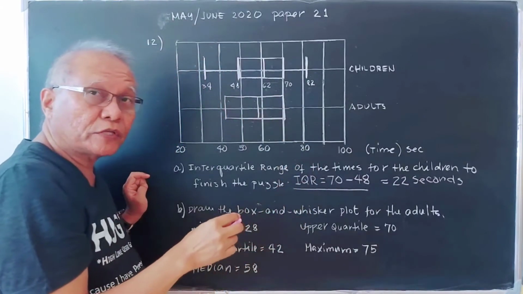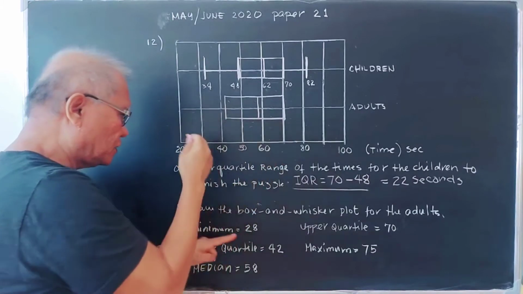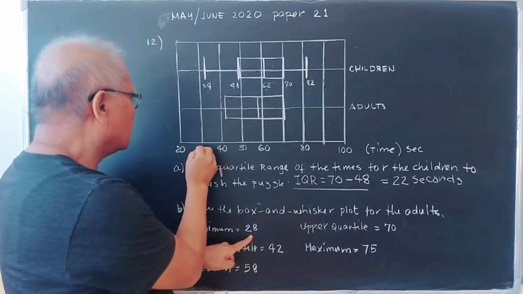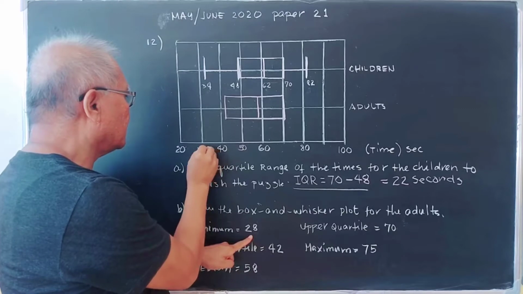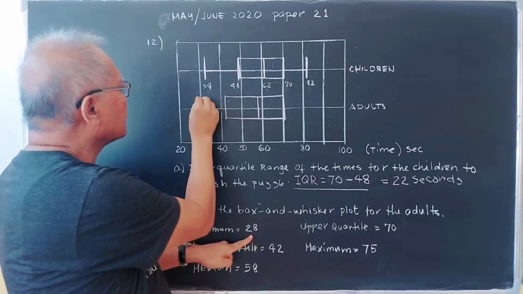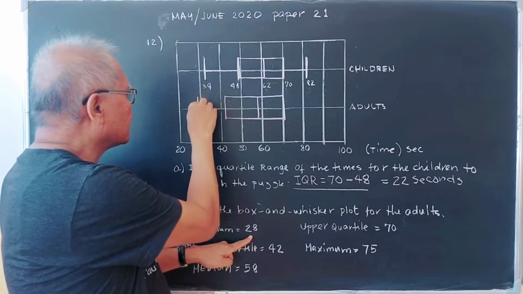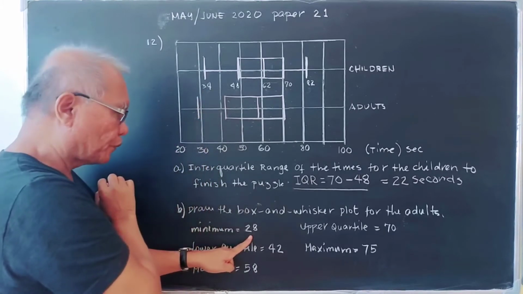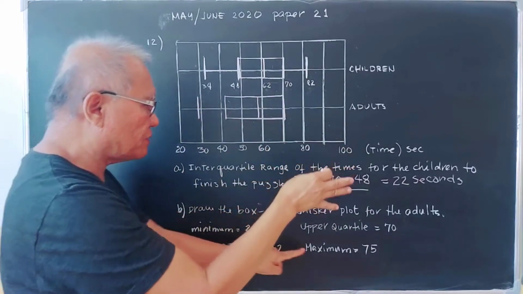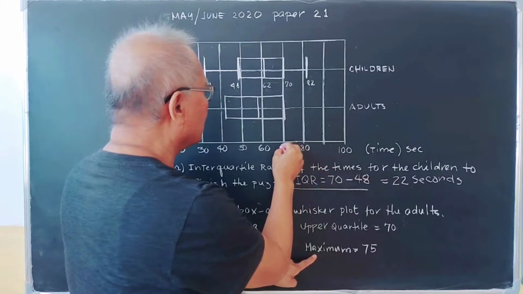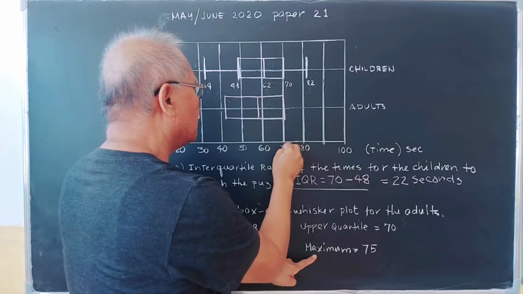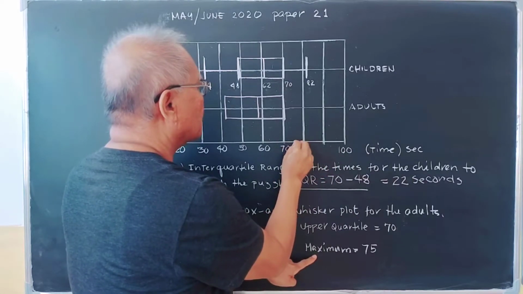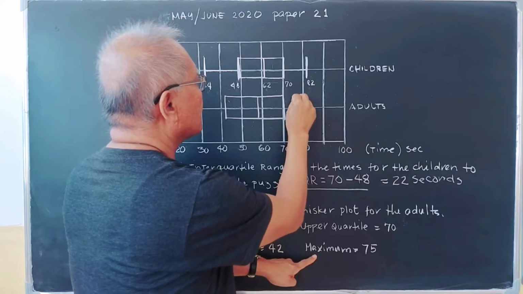Now let us draw the whisker. The minimum is 28. This one is 30, so 28 is more or less here. This is the whisker now. And the other whisker on the other side, the maximum is 75. This one is 70, half of this is this one.